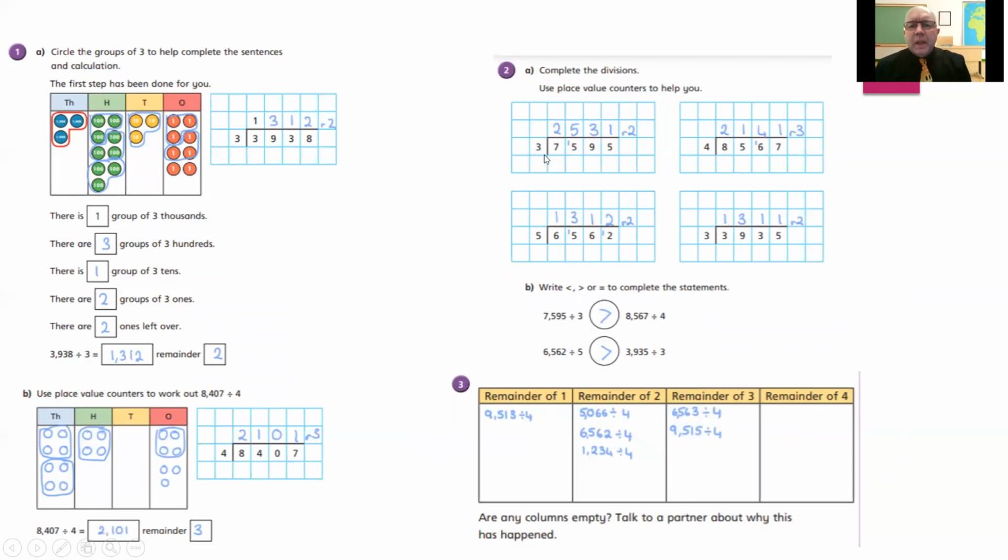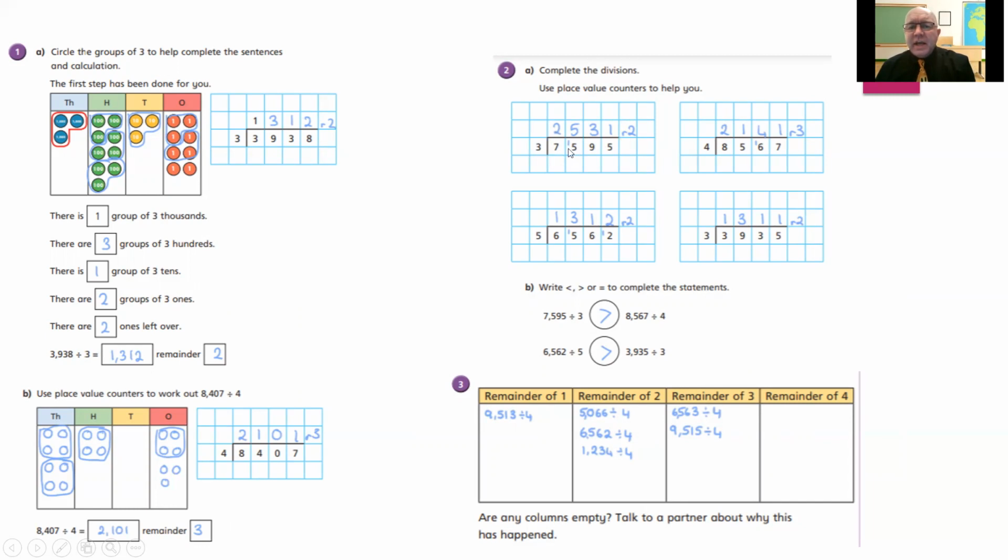Question 2. This is just using the bus stop, but don't be afraid of using the counters if it helps you. So how many 3s are there in 7,595? There are 2,531, remainder 2. And you can see the exchange there.